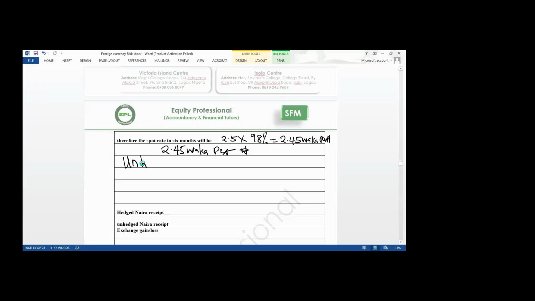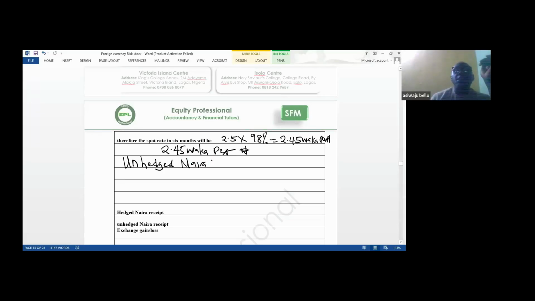If this happens, what will be the unhedged receipt? Naira receipts is equal to 500,000 Waka converted to Naira at 2.45.